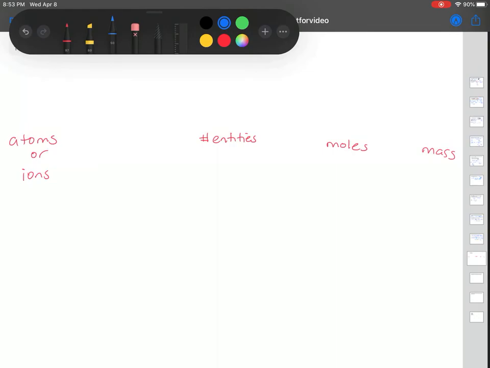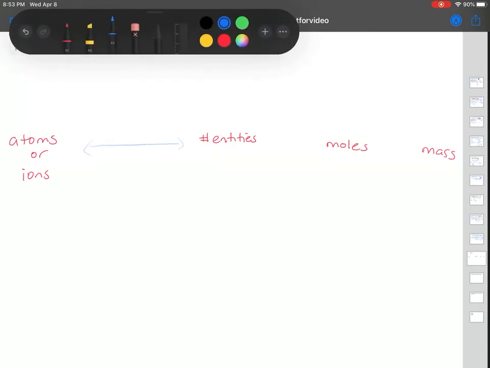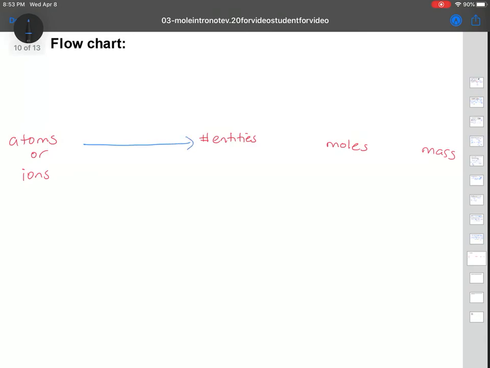Okay, so this flow chart kind of dictates the steps that you have to take in a question.